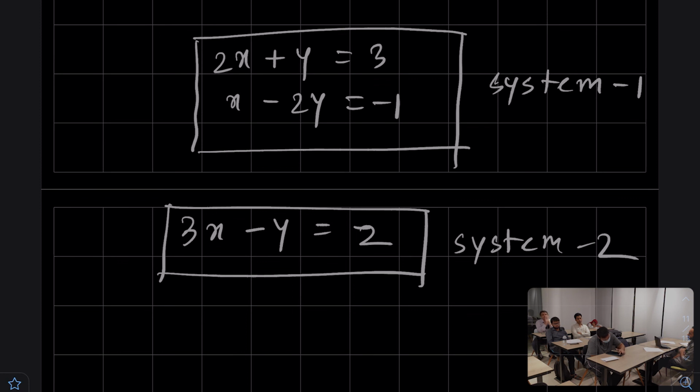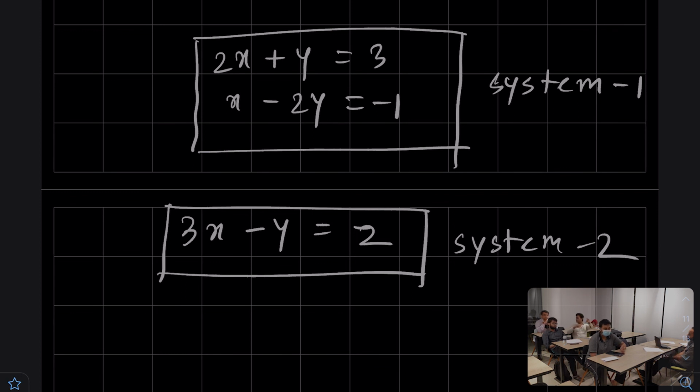So why does it happen that a solution of system 2 is not necessarily a solution of system 1? Do you understand my question? You gave us a simple geometric answer, because the second system is basically a line that has a lot of points.